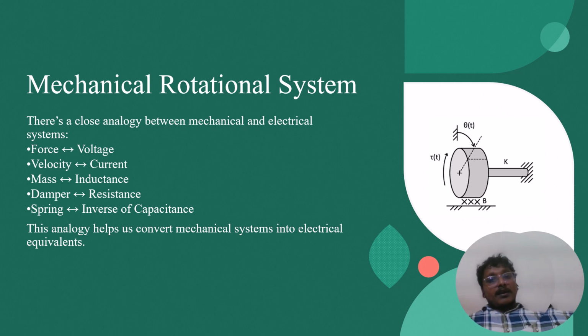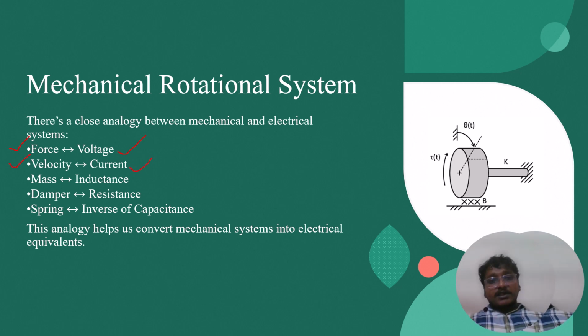Whenever you convert a mechanical rotational system into an electrical system, the quantities and parameters change, as you are already seeing here. The force is converted to voltage, which is an electrical parameter, whereas force is a mechanical parameter. In the same way, velocity is converted into current.